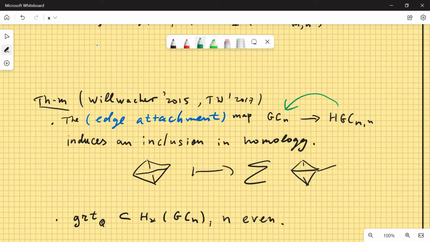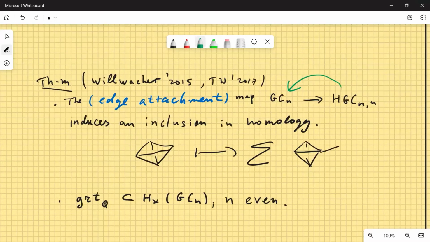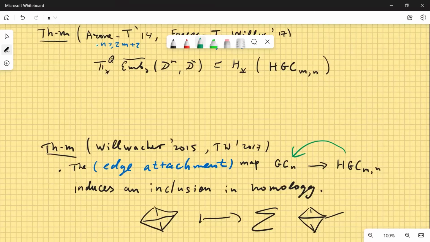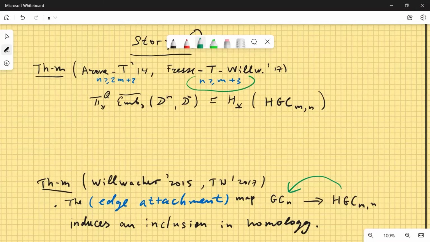GC_n is a retract, and on the other hand, Thomas showed that in the case n is even, the rational Grothendieck-Teichmüller algebra is part of the homology of this Kontsevich graph complex. So we can see immediately that this summand also appears in the rational homotopy of disk embedding spaces, at least when the codimension is at least 3. You remember that this theorem is for codimension at least 3.